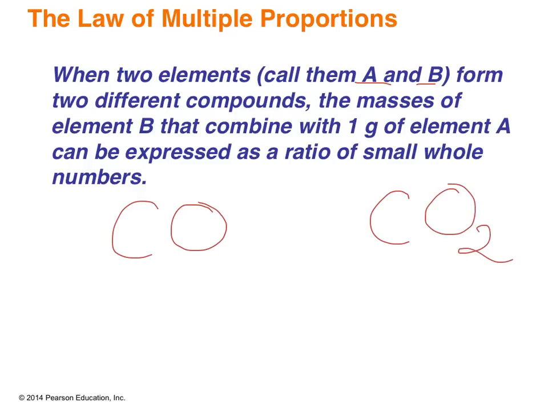The mass ratio of oxygen to carbon in carbon dioxide is roughly 2.67 to 1, which means 2.67 grams of oxygen reacts with 1 gram of carbon. In carbon monoxide, the mass ratio of oxygen to carbon is 1.33 to 1.